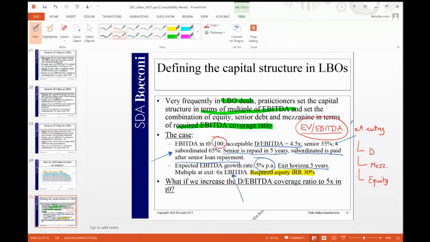Okay? So let's analyze the situation. The data for our example are the following. We have a period in between 0 and 5. We know that in time 0, the EBITDA is 100.